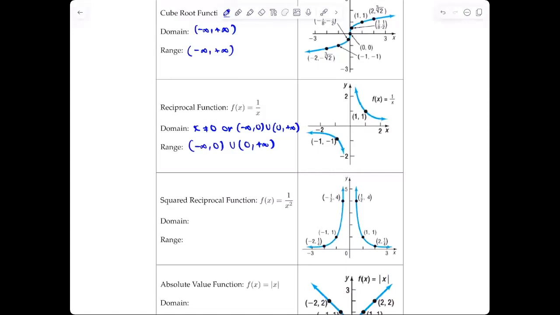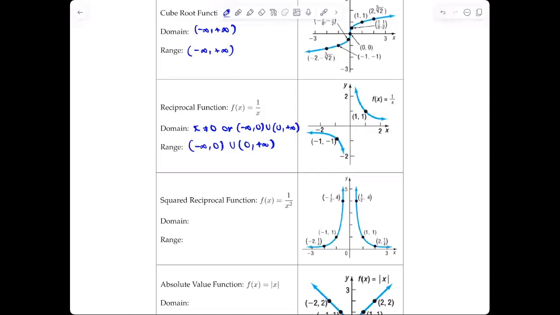All right, the next function is the square reciprocal function. So you have 1 over x squared. So again, you don't want the denominator to be equal to 0, so x is different from 0. But for the range, again, it depends on the function that you have. You may have different range. But in this case, the range is from 0 to positive, but do not exceed 0.